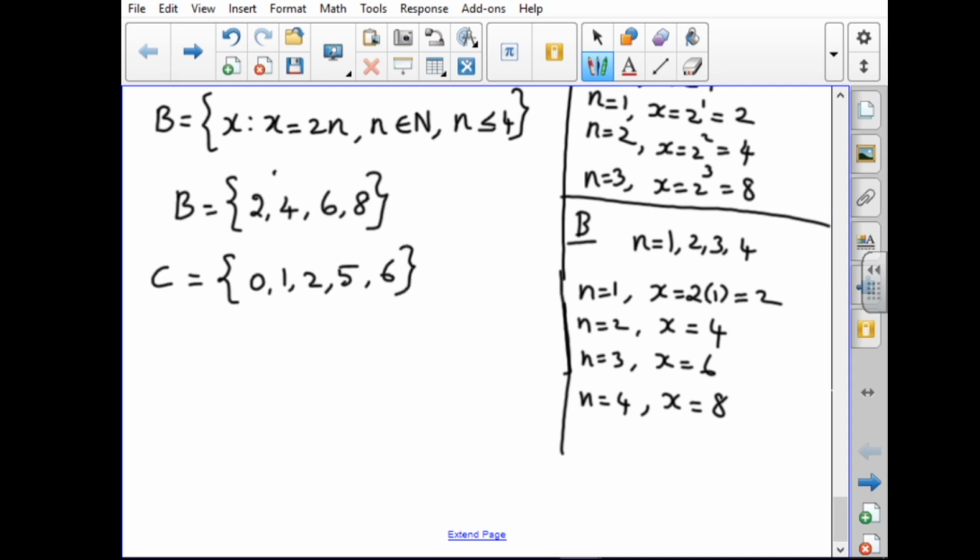So what do we want to verify? Verify the associative property of intersection, the same condition as for the fourth sum.